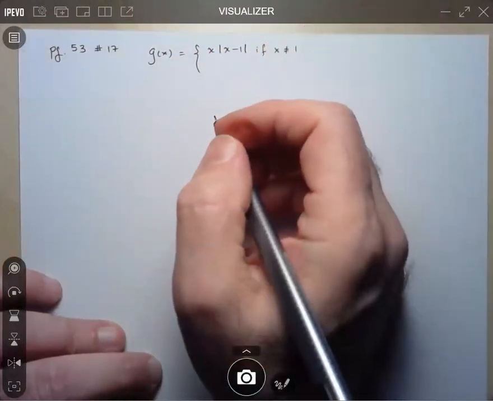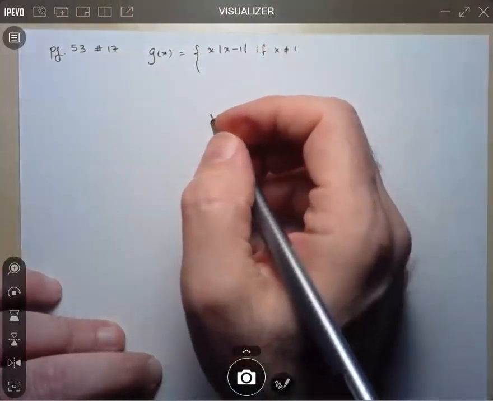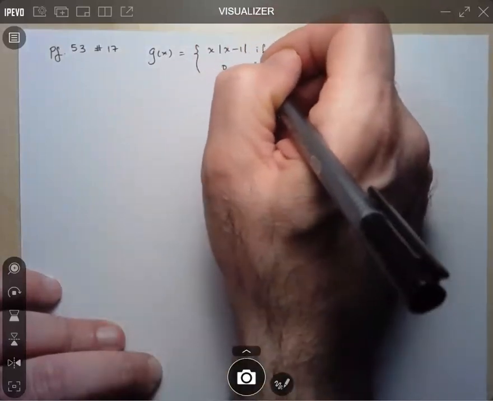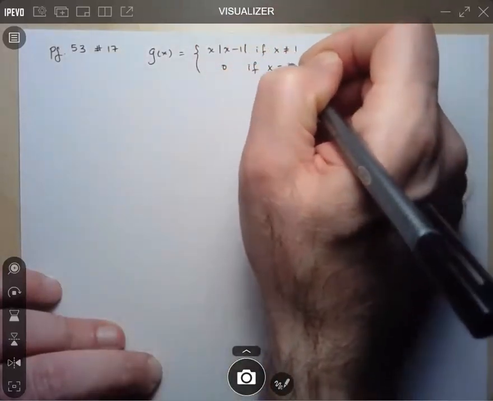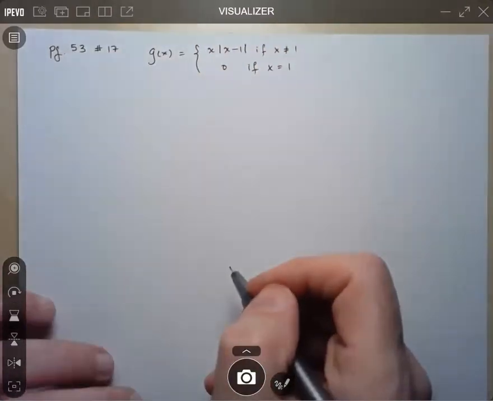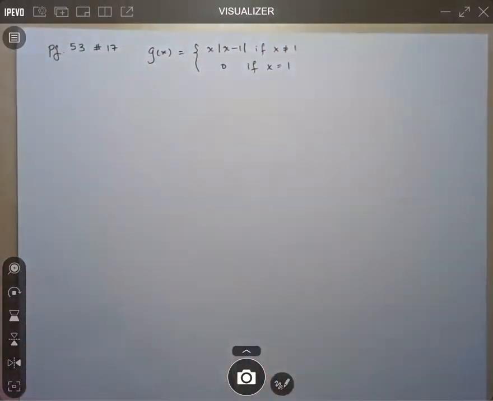And then it's defined as 0 if x is equal to 1. Okay, and then it says evaluate the limit of g, not surprisingly, as x approaches 1 from the right and as x approaches 1 from the left, and then determine whether the limit exists.